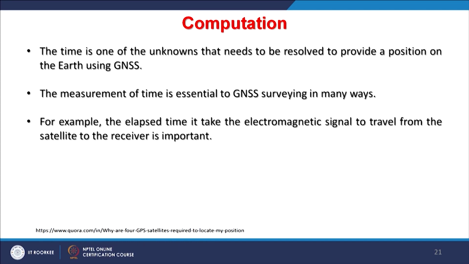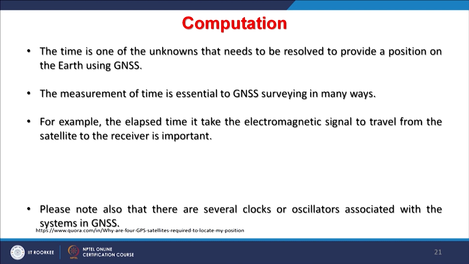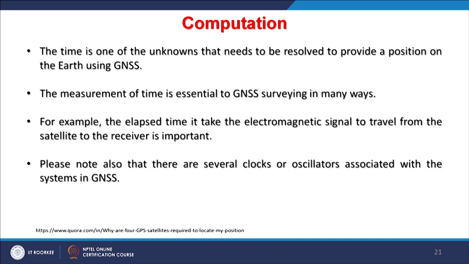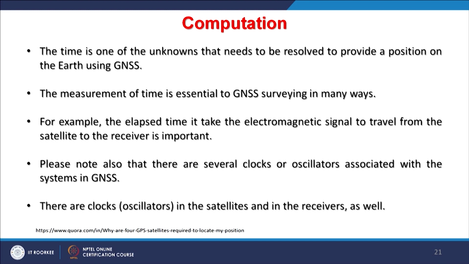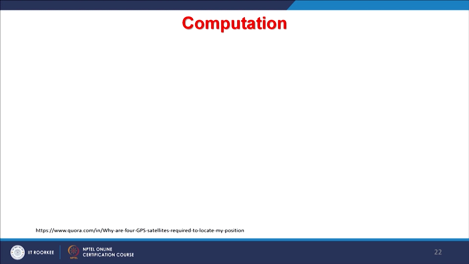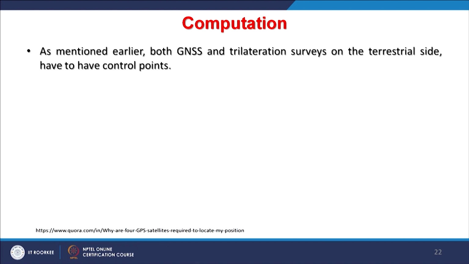The elapsed time it takes the electromagnetic signal to travel from the satellite to the receiver is important. Also, there are several clocks or oscillators associated with the systems in GNSS, which is why it is mentioned that all these clocks have to be synchronized. There are clocks in the satellites and in the receiver as well.